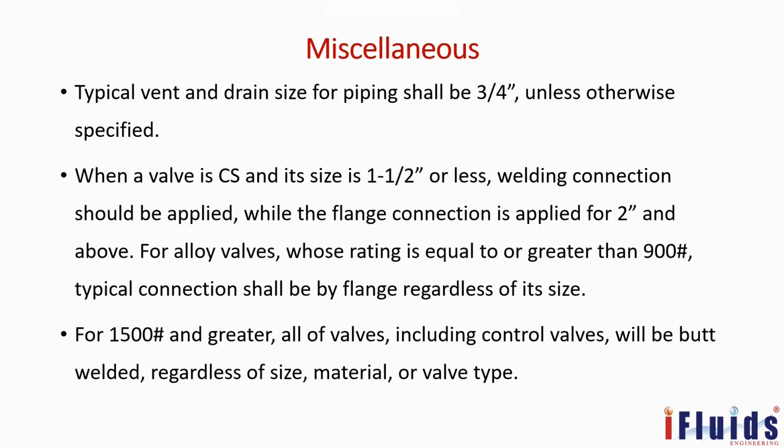For alloy valves whose rating is equal to or greater than 900, the typical connection shall be by flange regardless of its size. If it is an alloy valve with a 900 rating, whatever the size, it should be flange connection only. You should not go for a welding connection.